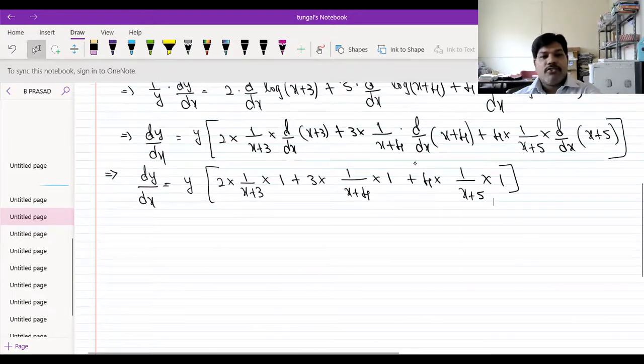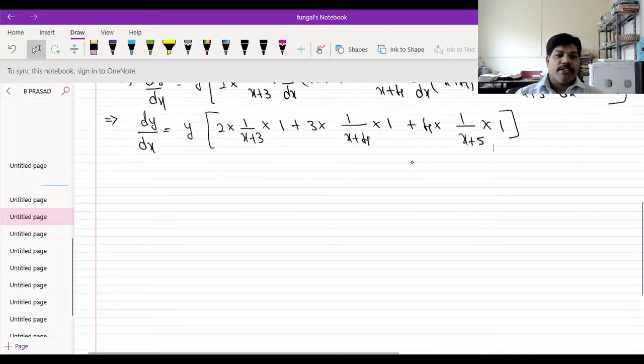So what is the y value, students? Y is nothing but, that implies dy by dx is equal to, what is the y? I will take that y value in the next step, y into.